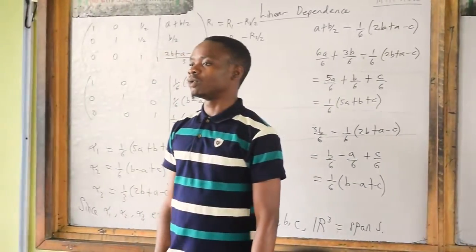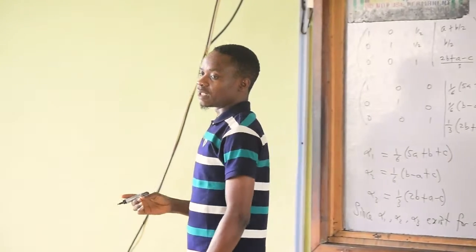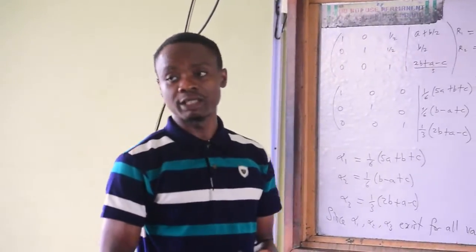So we will consider an arbitrary three-dimensional vector (A, B, C) such that it is a linear combination of these vectors, and try to find out the relationship between A, B, and C. I mean, are there restrictions as to the values of A, B, and C that we can have? Is it making sense to you?